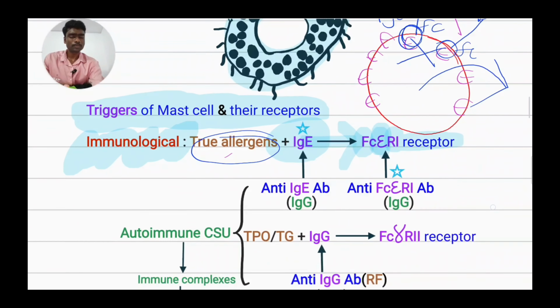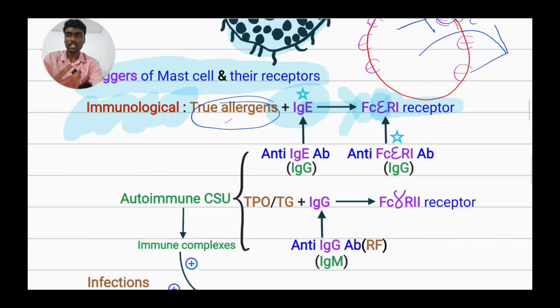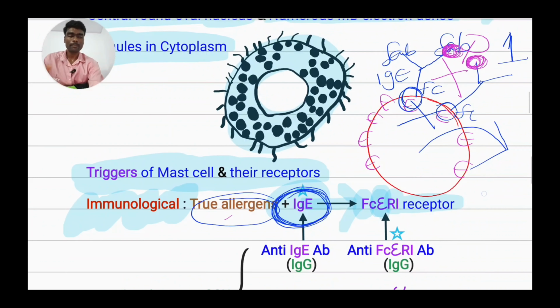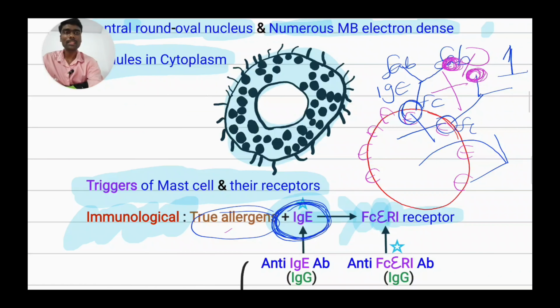Coming to other immunological triggers, our own body can develop antibodies against the IgE antibody attached to the mast cell. Like pollen, this anti-IgE antibody is produced inside the human body.